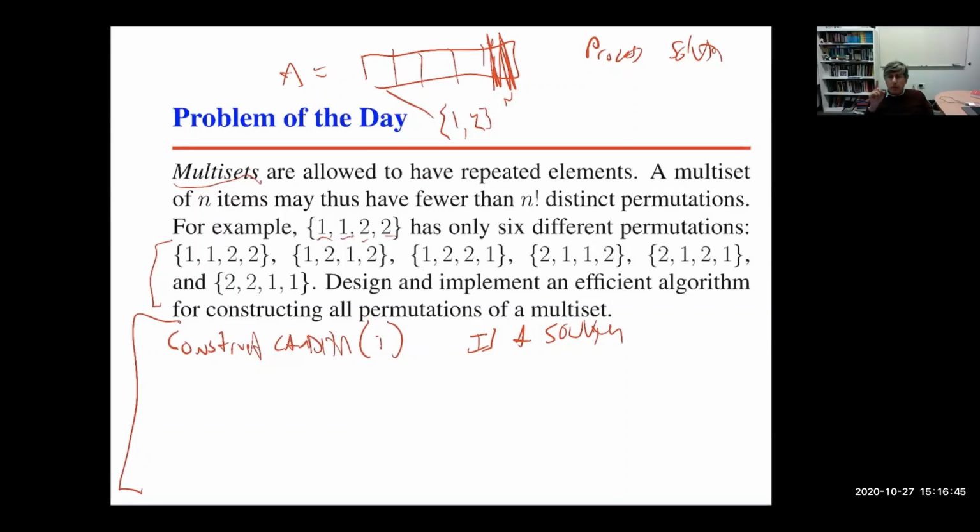Somebody else, or say it again. Unique elements, okay? You might be saying that construct candidates in this case would be candidate 0 is a 1, candidate 1 is a 2. Is this what I do? Are the candidates for the ith position always going to be 1 or 2 here?